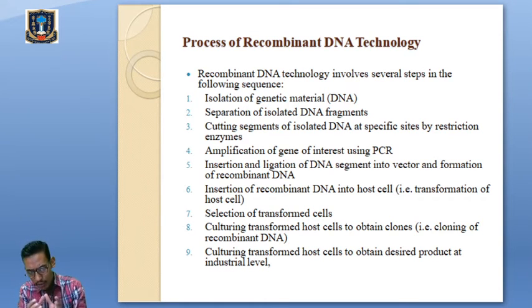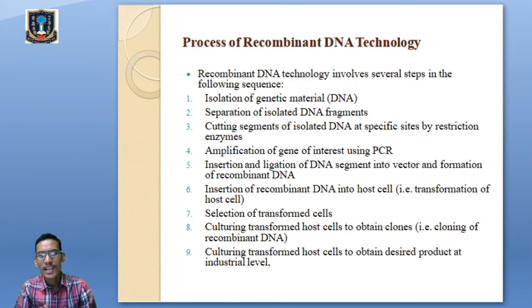So we have to extract the DNA from the host or from the bacteria. We have to take up the DNA having the gene of interest from the bacterial cell or from any host cells. For example, a gene of interest having the property of antibiotic resistance, that can be one example. Clear? So those DNA segments having the gene of interest need to be extracted from the body of the host or from the bacterial cell.